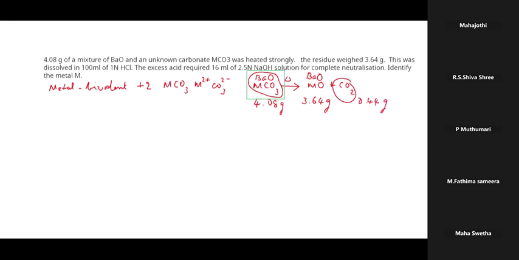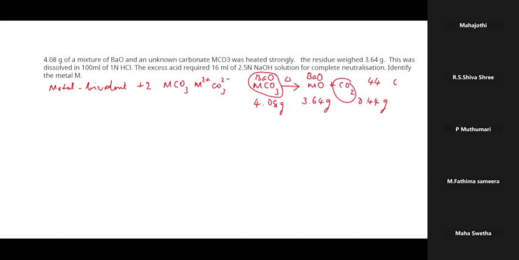Which means that molecular weight of carbon dioxide is 44. I have already told you a logic. The weight divided by molecular weight will give you number of moles. Therefore, what is the weight of carbon dioxide?